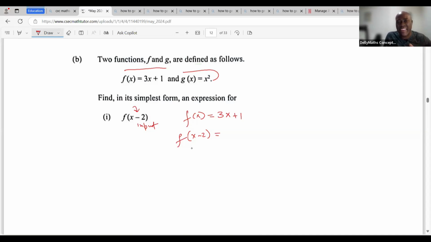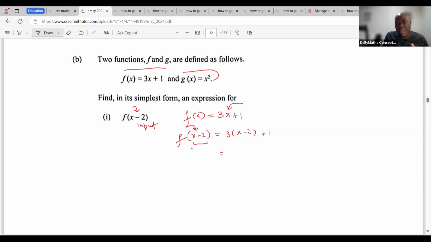So what we're having here is 3, and instead of having x there, I'm going to put my input, because this input can only be substituted where x is. So 3 times x becomes 3 times x minus 2. Doesn't matter what this is, I'm using this to go in the place of x. And then we're going to work this out.